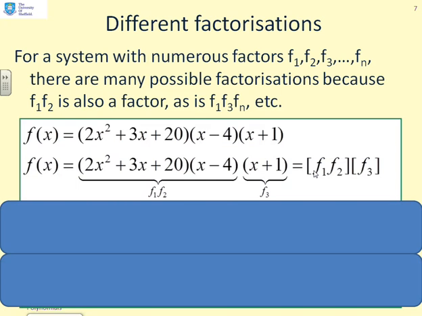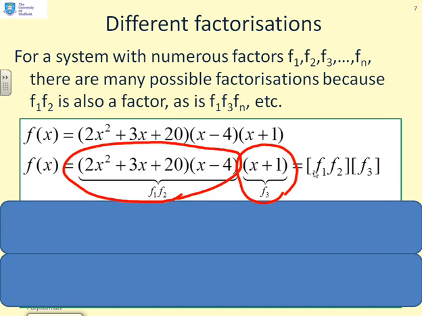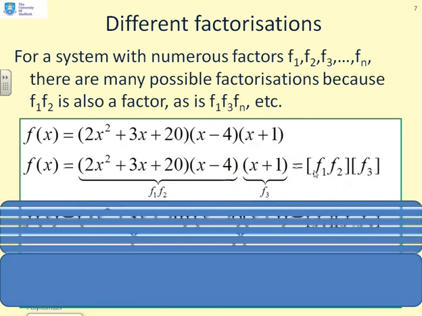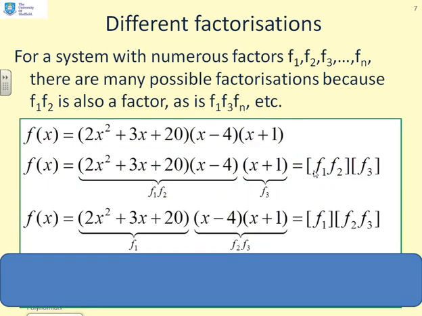So you'll notice I've got a left-hand factor, which is a cubic, f1, f2, and a right-hand factor, f3, which is monic, just x plus 1. So I've written this in terms of two factors. One's f1, f2, and the other is f3. Alternatively, I could have done a factor f1 and another factor f2 times f3.